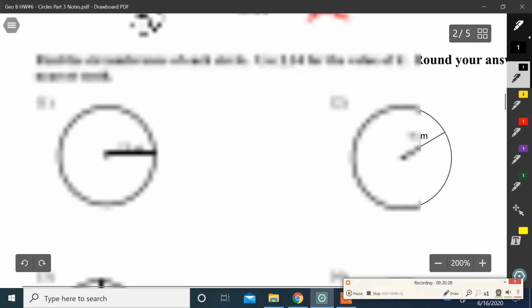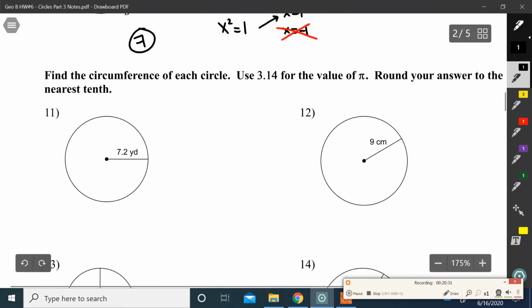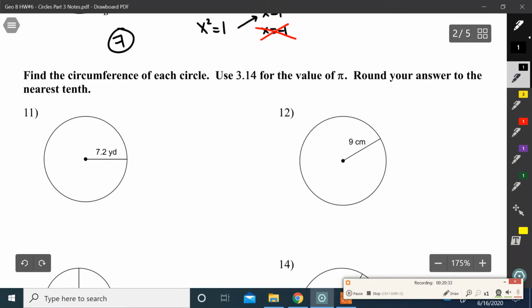Now let's talk about something new here. It says in here, find the circumference of each circle. You're going to use 3.14 for the value of pi. Round your answer to the nearest tenth. Okay, find the circumference of each circle. Well, how do you find the circumference? Well, in that formula sheet, it actually gives you a formula that you need to use.